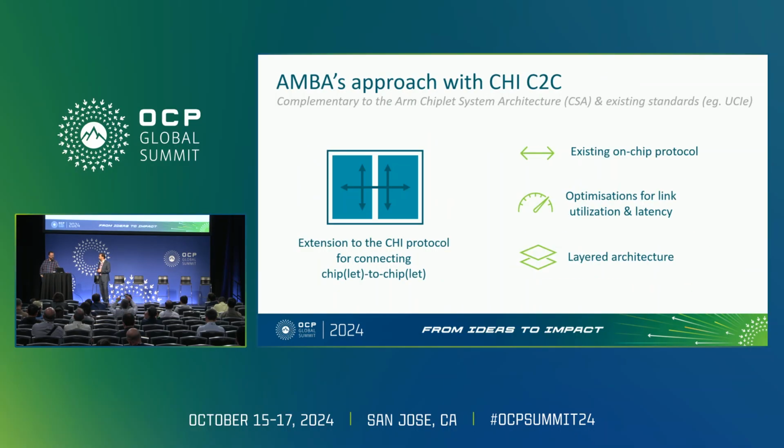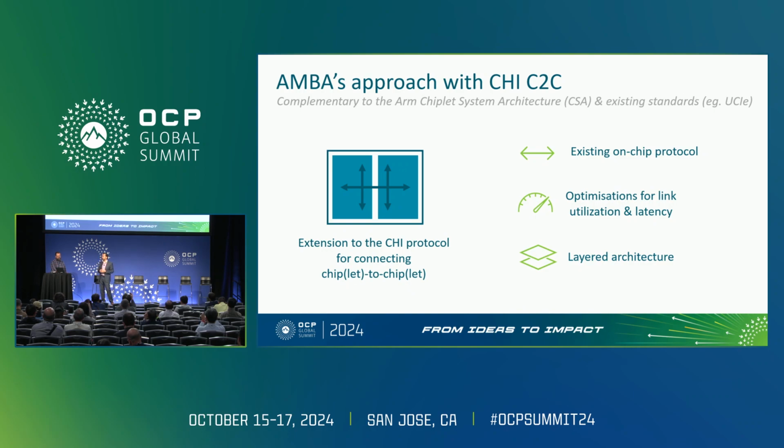Yep. And that's exactly what we are doing with the AMBA CHI chip-to-chip. As we were just discussing before, John mentioned the work that we have been doing with AMBA. Here, with AMBA CHI chip-to-chip, we are extending the existing AMBA CHI protocol to make it exactly suitable for connecting chiplets to chiplets.